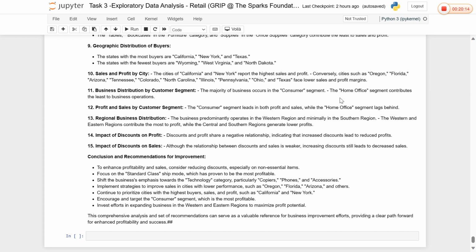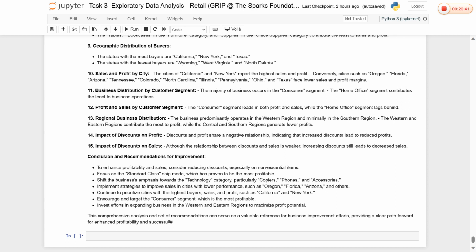The home office segment contributes the least business operation. The consumer segment leads in both profit and sales, with the home office segment lagging behind. The regional business distribution: the business predominantly operates in the western region and minimally in the southern region. The western and the eastern regions contribute the most profit, while the central and the south regions generate low profit.